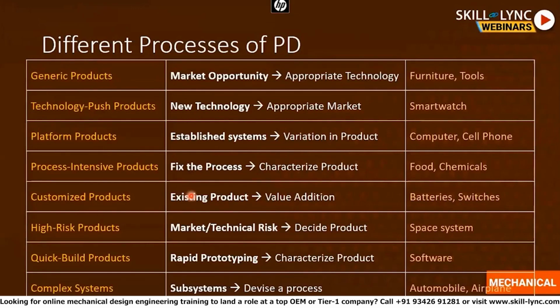You like that car, but you don't like some of the features of the car. So you tell the manufacturers, okay, I want your car, but not with that feature, but with this feature. So this kind of customization is again possible, but you have to decide how the market is usually good at buying it.